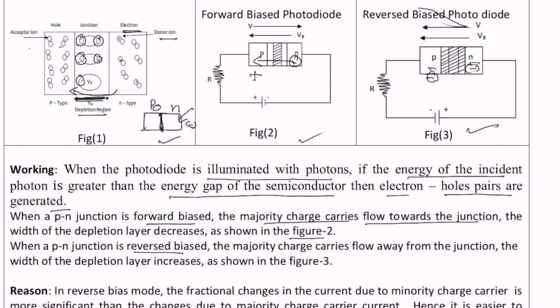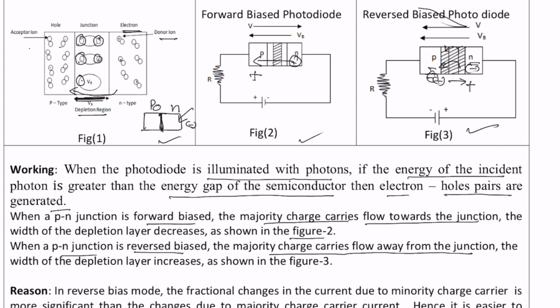However, because of the electrons which already jumped to this side, the diffused electrons, there will be a small current, correct? So in reverse bias, the majority charge carriers flow away from the junction because electrons will not be attracted towards it, correct? However, the few electrons which already jumped and came here, when a positive is applied here, will move towards this, correct?